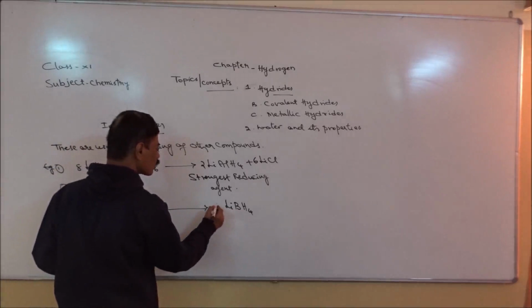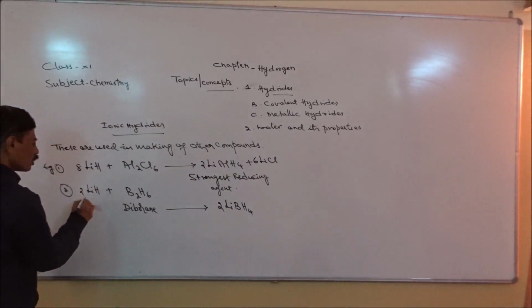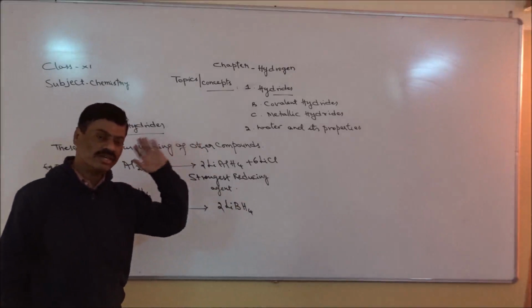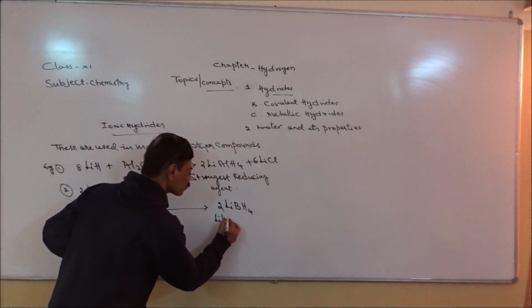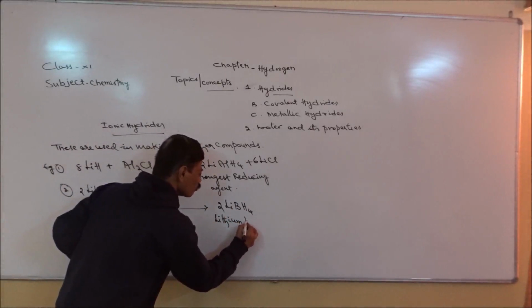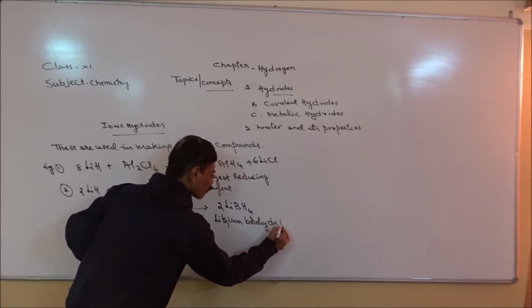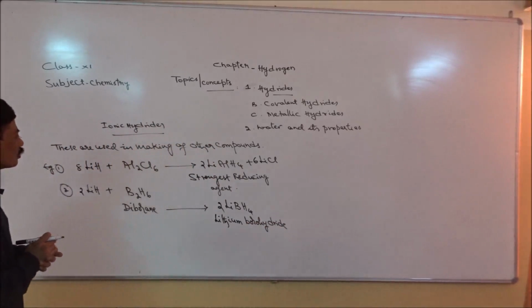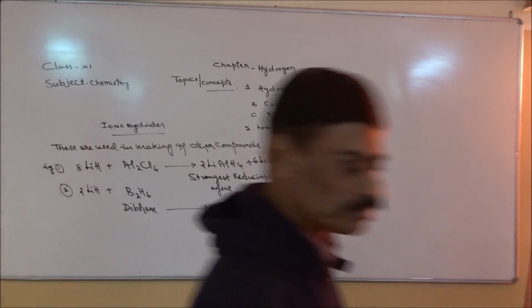So we will multiply whole thing with 2. So 2 lithium atoms, here 2. Now hydrogen atoms we have 8, 2 plus 6, here 8. So it's balanced. The name of this compound is lithium borohydride. So that's about the balance part of ionic compounds.